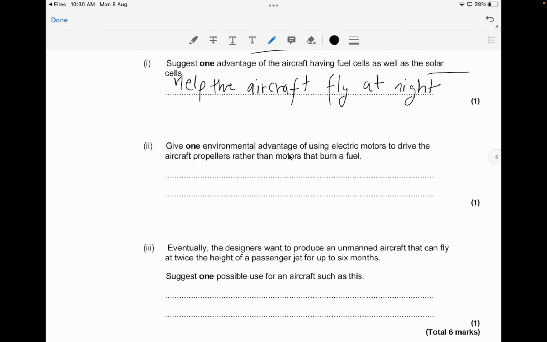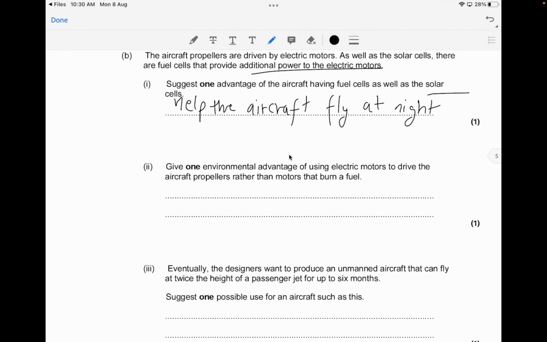The second question states that you have to give one environmental advantage of using electric motors to drive the aircraft propellers rather than motors that burn fuel. One environmental advantage is that there are no pollutant gases produced. No pollutant gases produced. So this is one answer you guys can write.